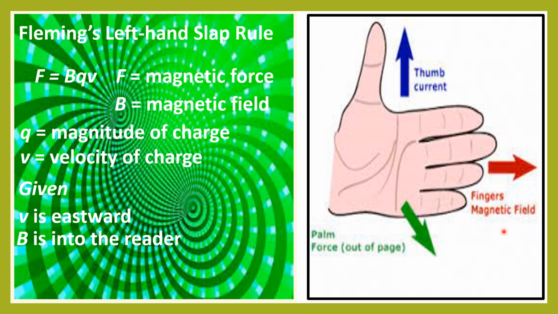So, you have to make sure that your other four fingers are directed towards you into the reader. And then, do the action of slapping. So, when you slap, using your left hand, the direction of your palm will represent the direction of the magnetic force exerted by the magnetic field on the moving negative charge, right?